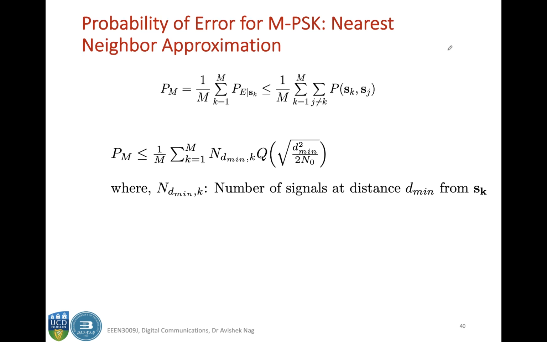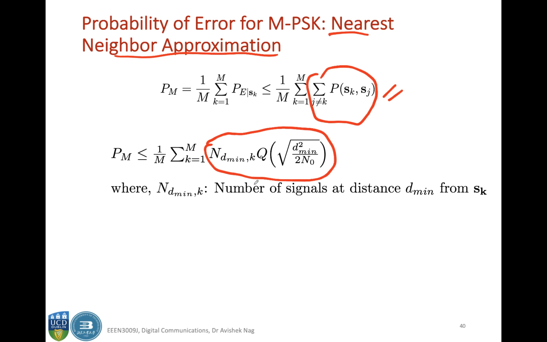So there is another approximation called nearest neighbor approximation. Here you start with this as you did in the previous case, but now you can replace this part with this part.